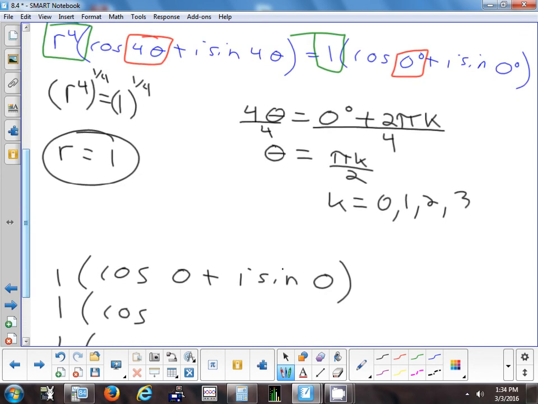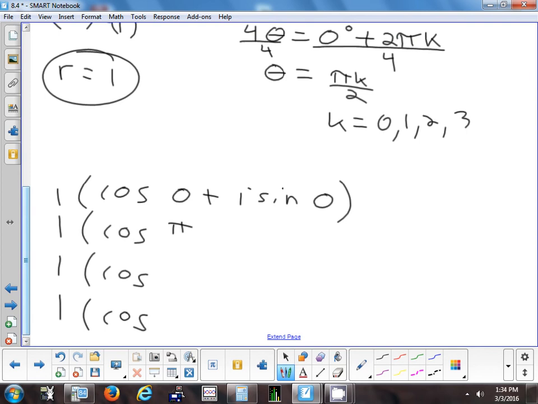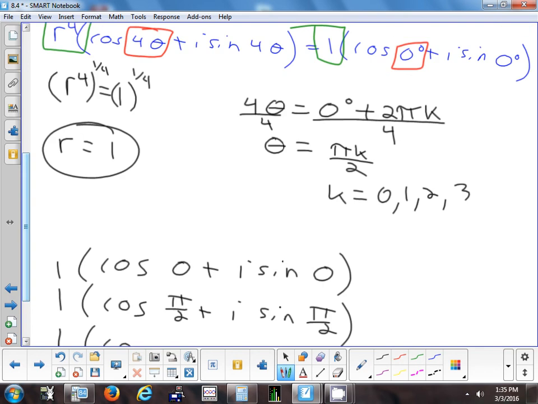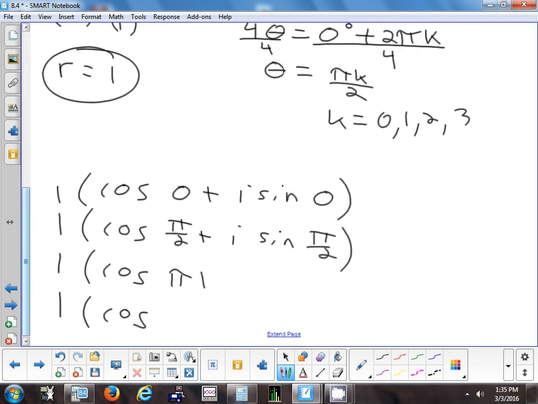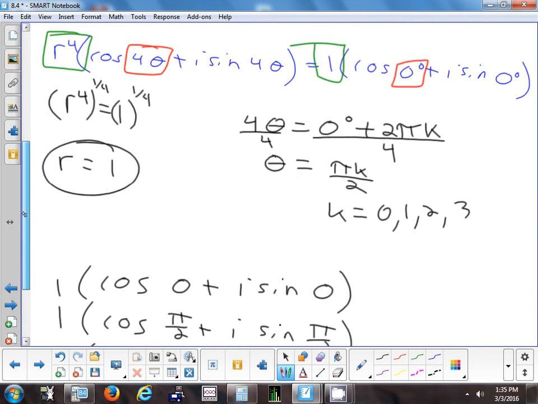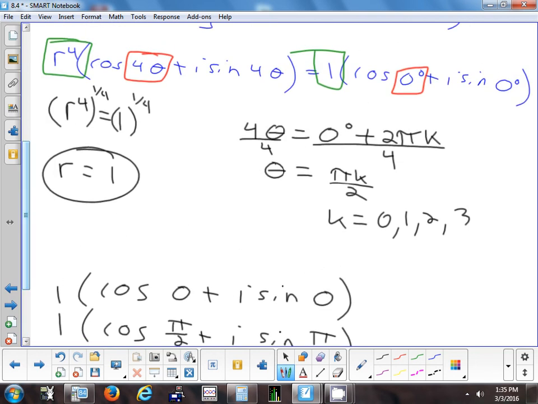What's pi times 1 over 2? Pi over 2. That's my second answer. Third answer. What's pi times 2 over 2? Pi. And my fourth answer. What's pi times 3 over 2? 3 pi over 2.